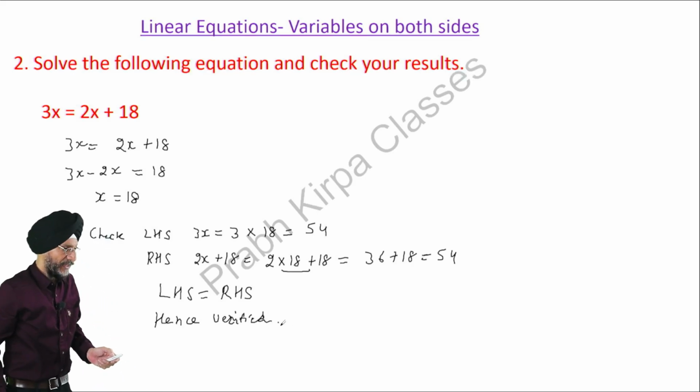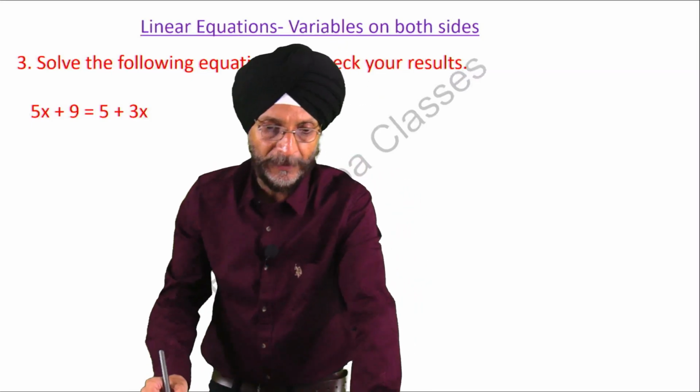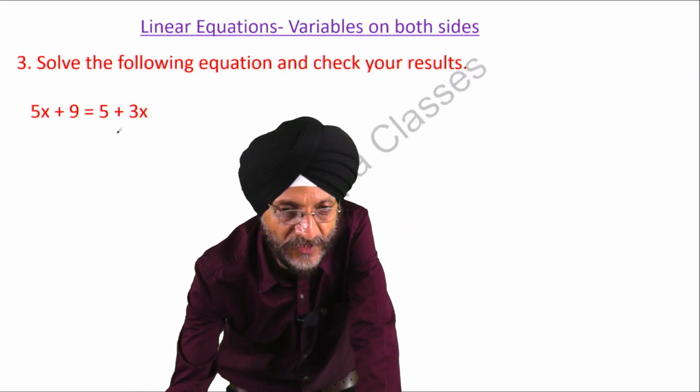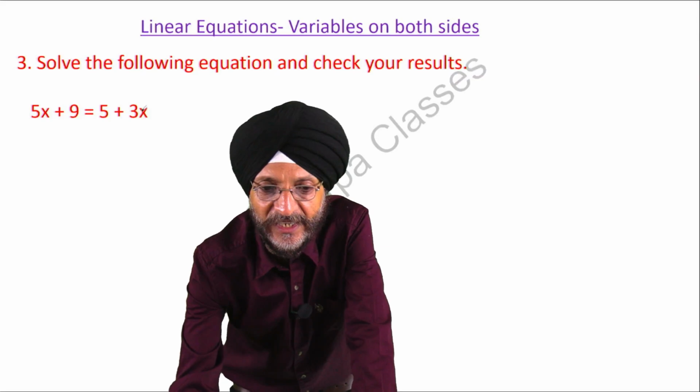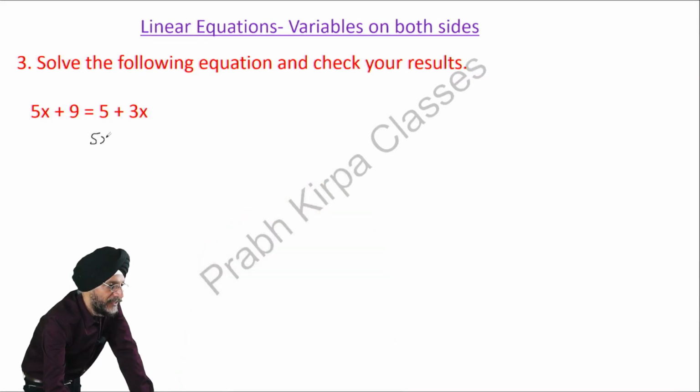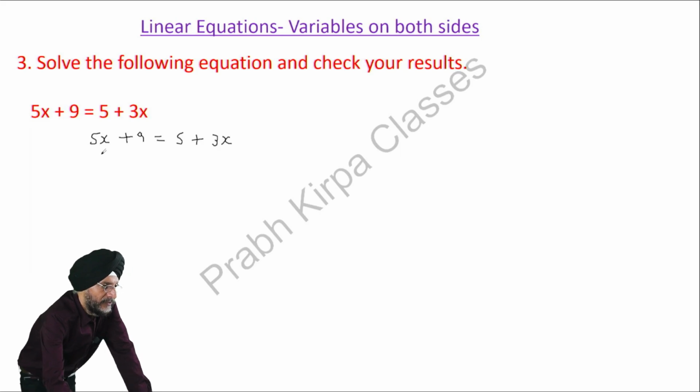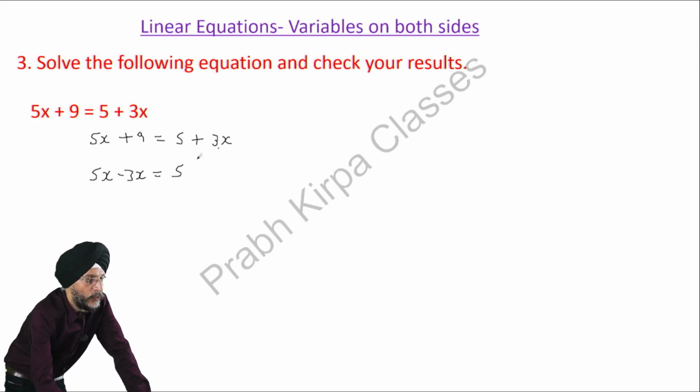So now the next question, it is also of the same type. We will take the variables on one side. First of all, we will write the question as it is. So we will take this variable to this side, left hand side, 5x minus 3x, and we will take this number to the other side.